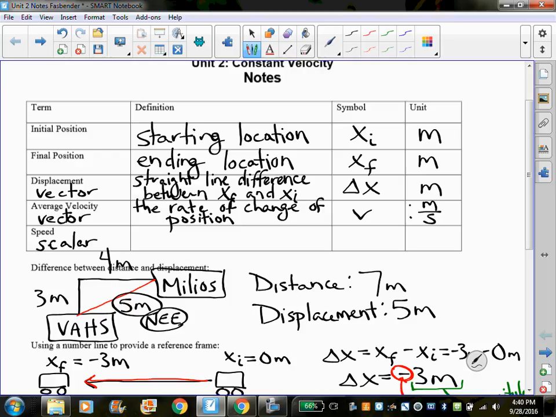Speed only tells us how fast we're moving. That's what scalars do. Scalars only tell you magnitude. They don't tell you direction. So speed can be thought of as velocity without direction. It is also symbolized by the lowercase letter v, and it's got the same unit, meters per second.